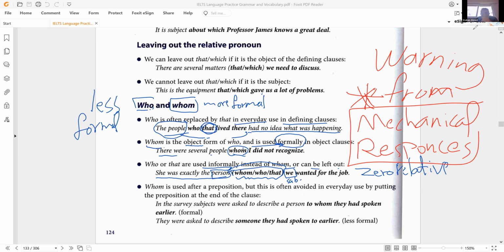And in mechanical, you will never go beyond band 6, because there is no change, no variety. Okay, guys? So this is a little technique. You can show the examiner that you know zero relatives and you know relative clauses as well. Is that clear?